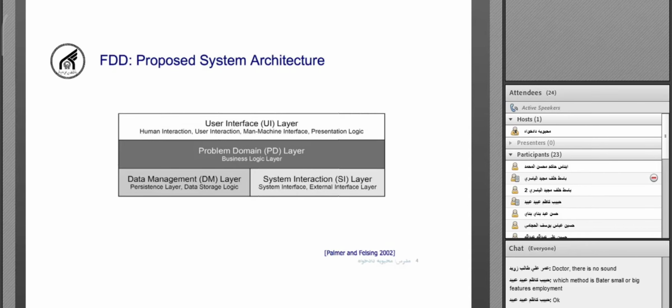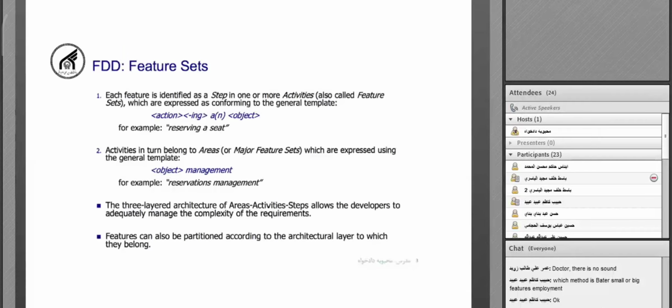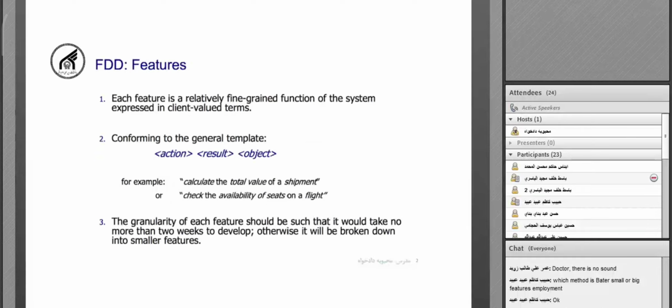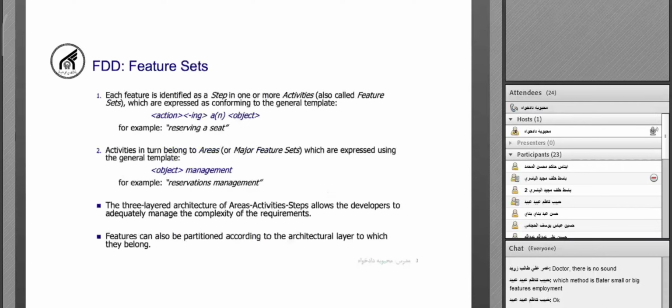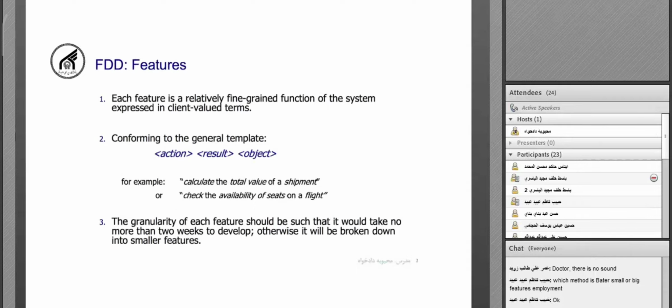Okay, we have a list of features. For example, feature 1 was reserving a seat.